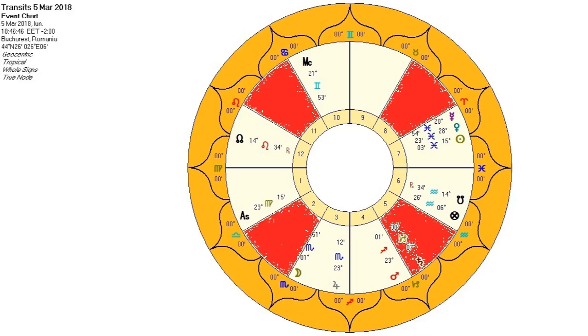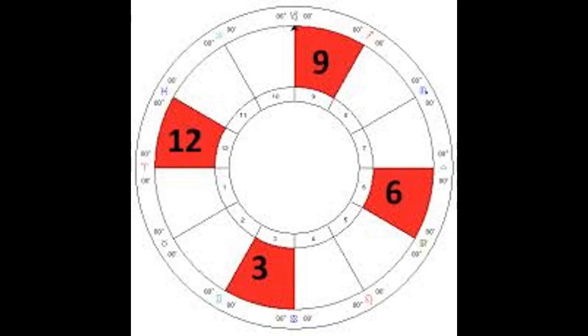They add depth but are slightly less immediate. Cadent: the third, the sixth, the ninth, and the 12th. Houses of preparation, learning, and hidden factors. They often indicate background influences rather than overt action. Understanding this helps you prioritize where to look first in the chart.